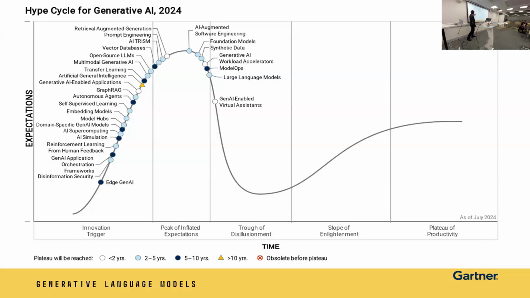Something new appears, the expectations skyrocket, and people think that this will solve all the problems that we have. The teachers won't be needed anymore. Students will have GenAI teachers, and we don't need the lawyers, and I don't know, the project managers and whatever. We can just relax because GenAI will handle this for us. So this is the peak of inflated expectations.